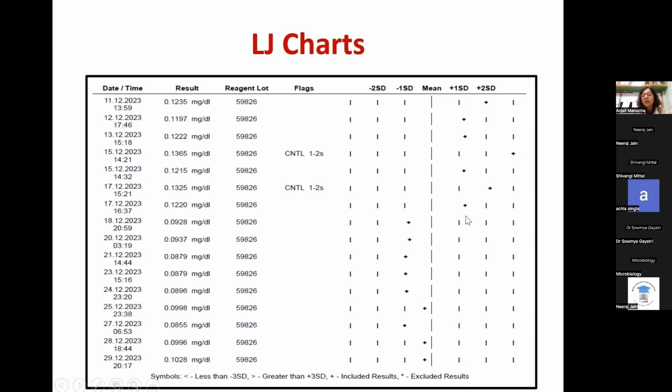And then suddenly, what has happened which has made this shift here? And then this trend is towards the lower side, minus 1 SD. Again, check how many times the lab has run the controls. What have they done? Because on the 17th they ran, the control was out, and then what has been done to run it again, after which this shift has happened.